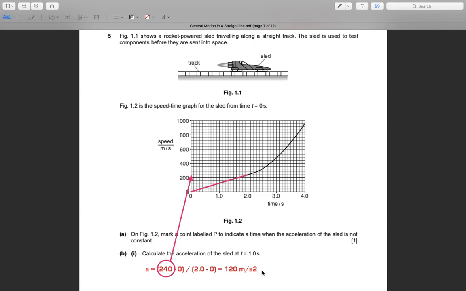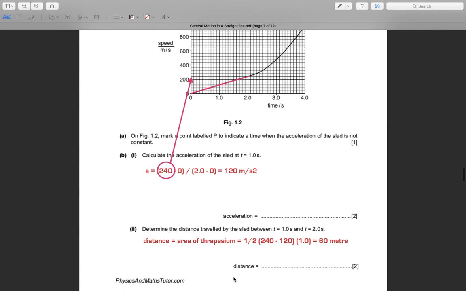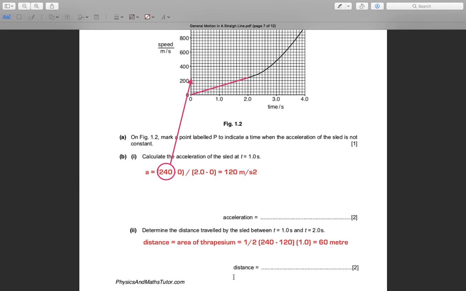We get 240 divided by 2, which is around 120 meters per second squared, the acceleration of the sled on the track.